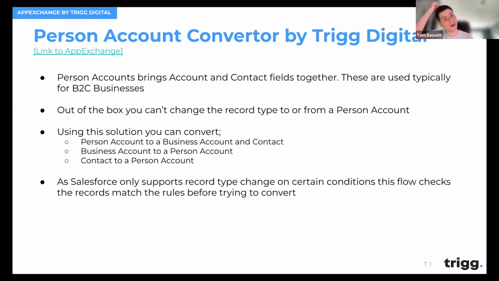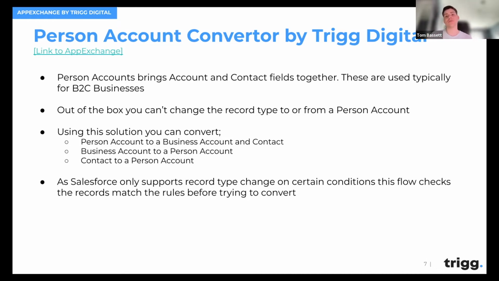So even though you can't convert natively, you can using code, or in this case, flow. But in order to convert, for example, the currency on the contact record and the currency on the account have to be the same. And they have to have the same owner. And there are some other conditions as well.